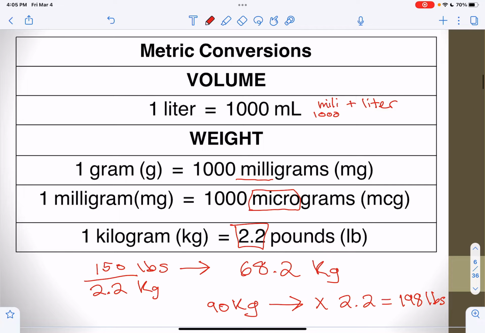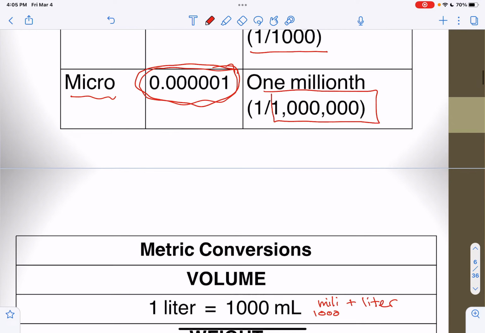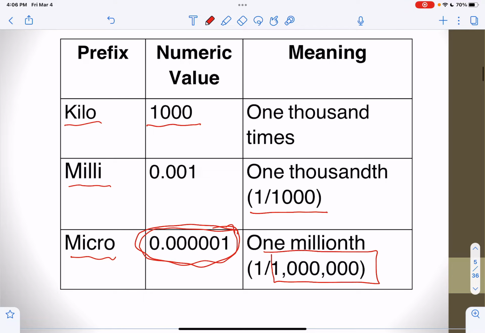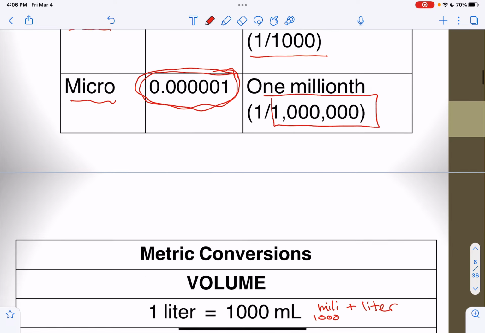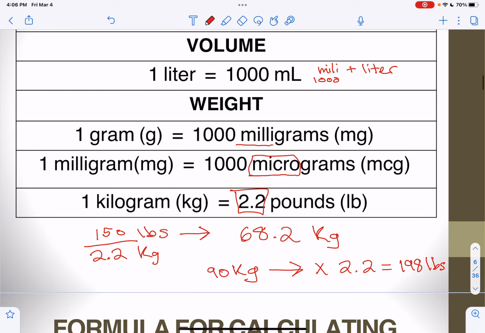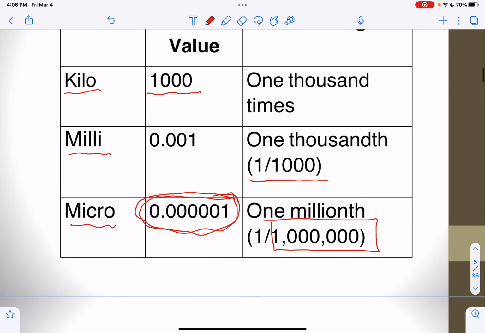For volume conversions, 1 liter is 1,000 milliliters, because remember, milli means to divide by 1,000. 1 gram is equal to 1,000 milligrams, because milli is divided by 1,000.